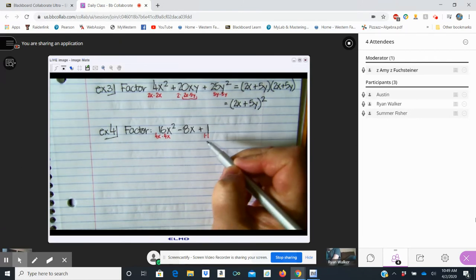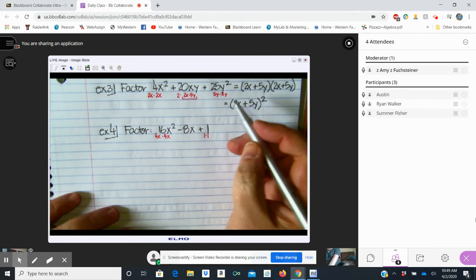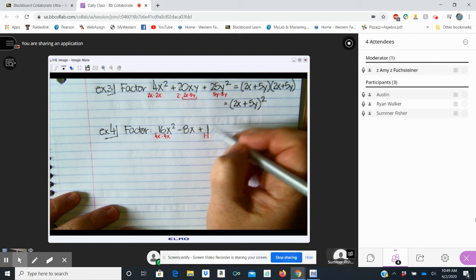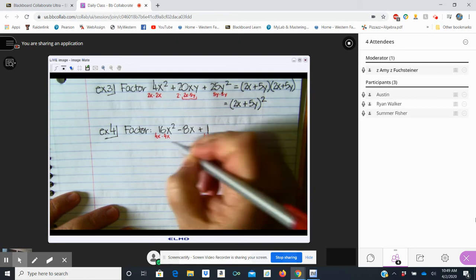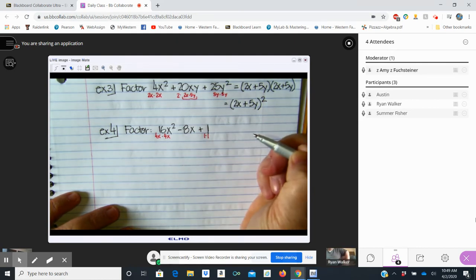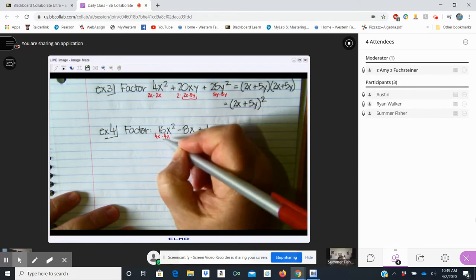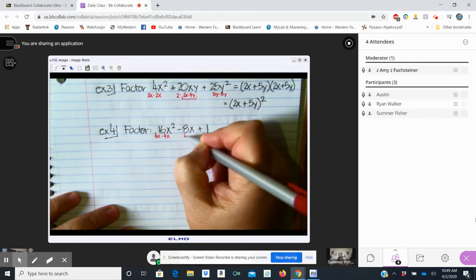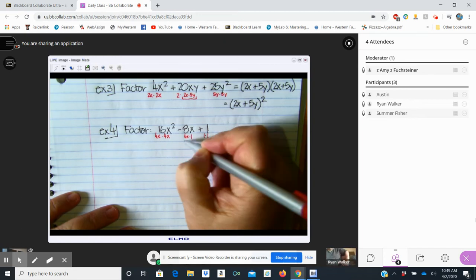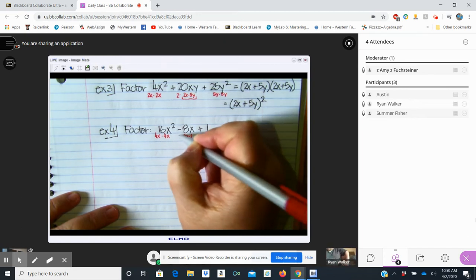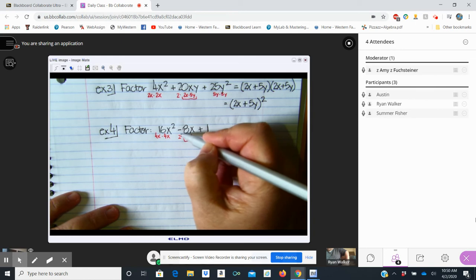It is 1 times 1. It is a perfect square. Now, if I take each of those roots, 4x times 1, and I double it, do I get the middle term?